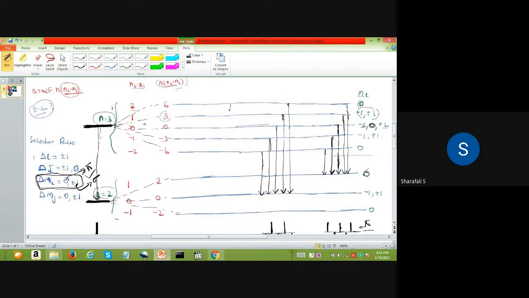So that will come from here to the final one. So this is starting from here. Okay, this is from here. Again, you have the transition from here.